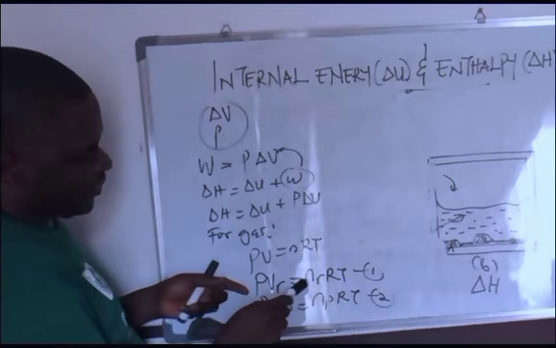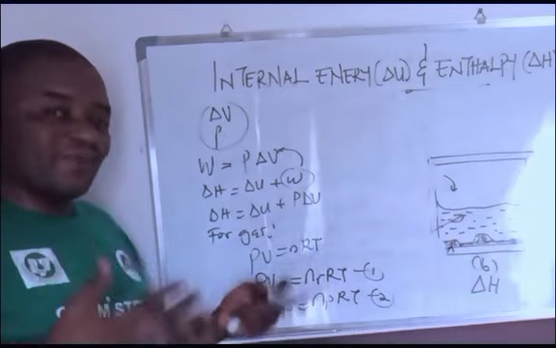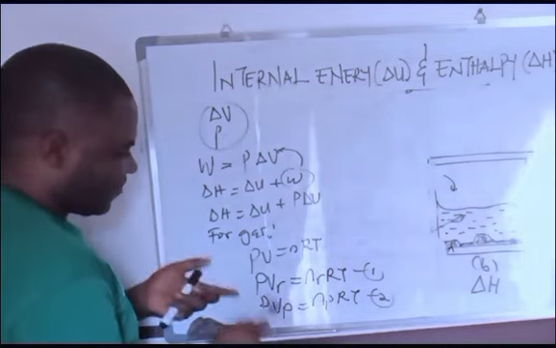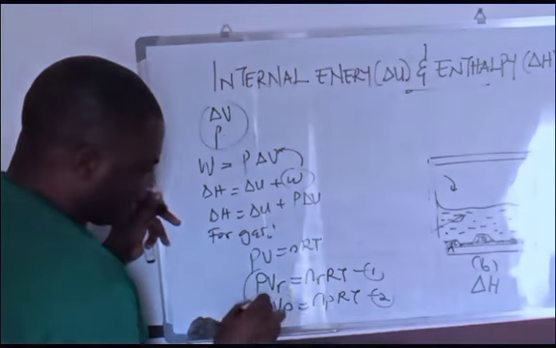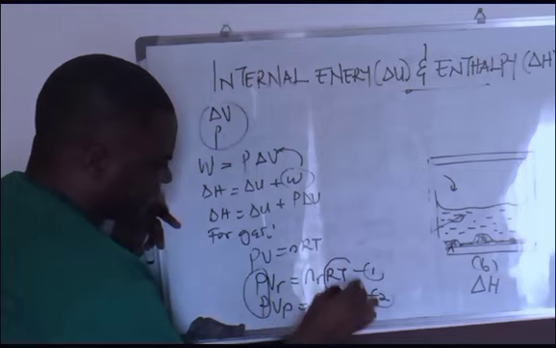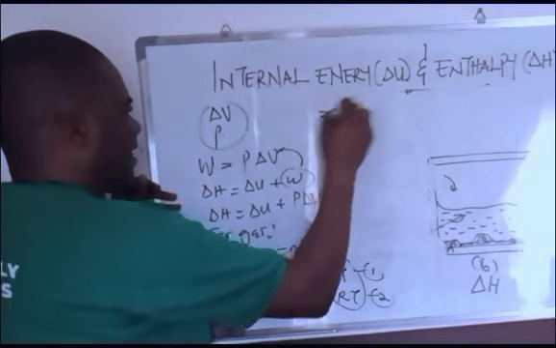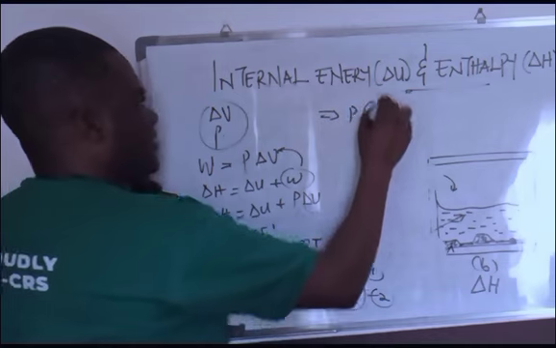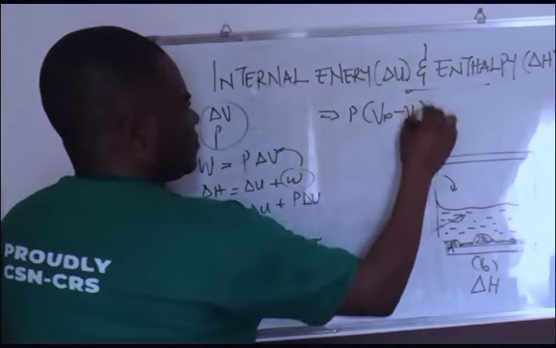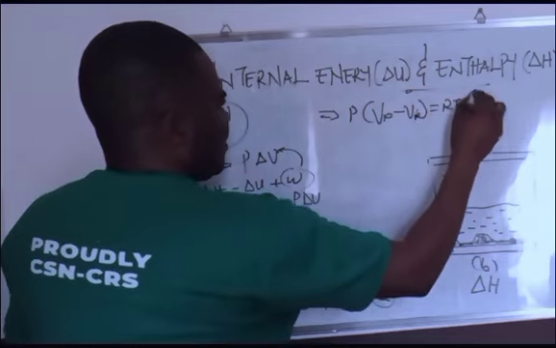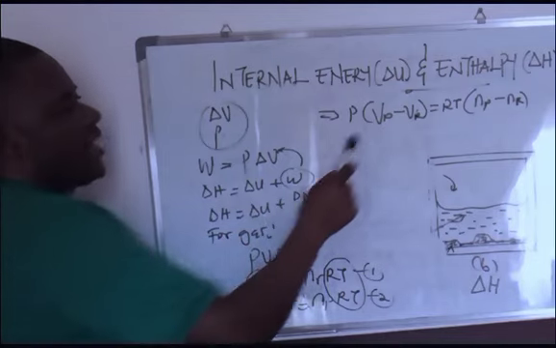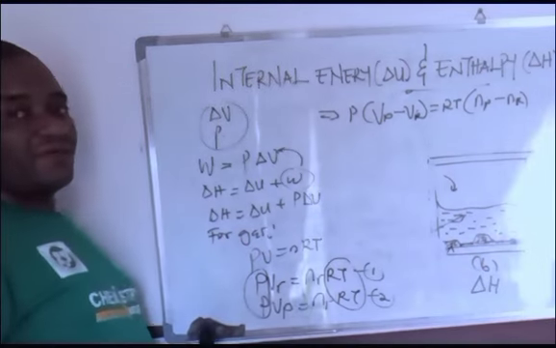If you subtract this equation from this one, that is, subtract the reactants from the products, you get a result. Note that this P is constant and this RT is constant. So we have P in parentheses V product minus V reactant is equal to RT times n product minus n reactant. That is the subtraction, because we are subtracting reactant from the product.